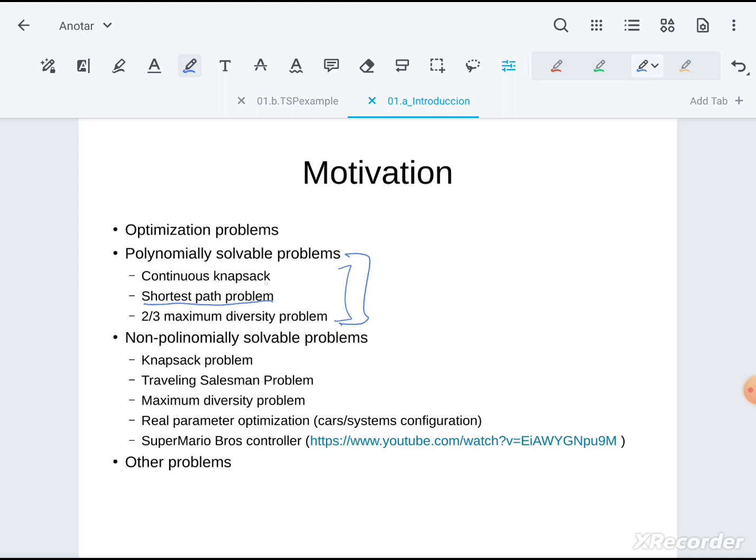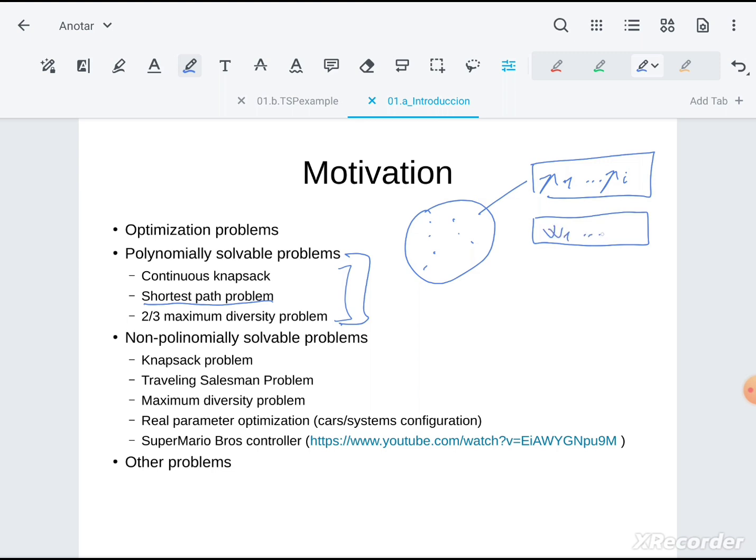The continuous knapsack problem: you have a set of objects, each object has a profit and a weight, and you have to put these objects into the knapsack, but the sum of the weights of the objects should not be larger than the capacity of the knapsack.